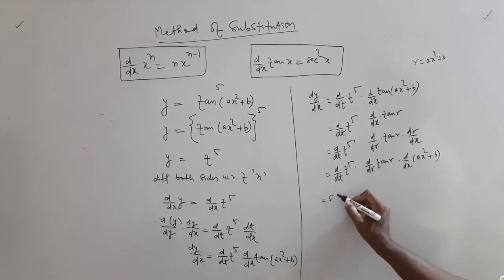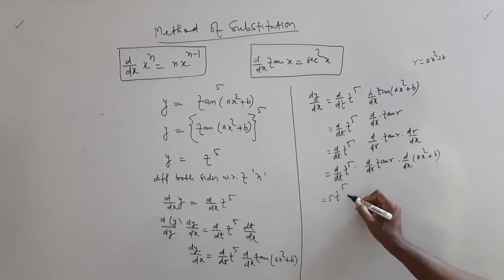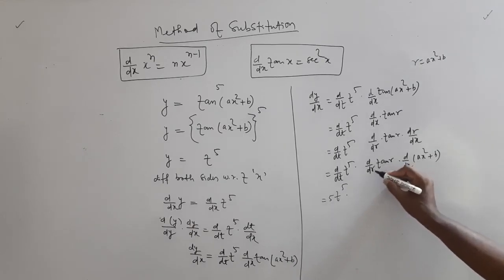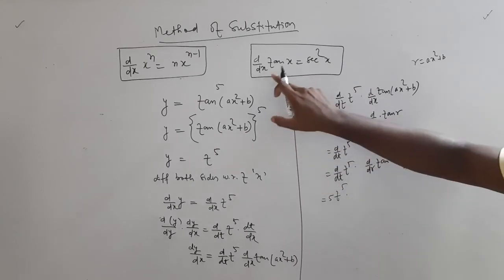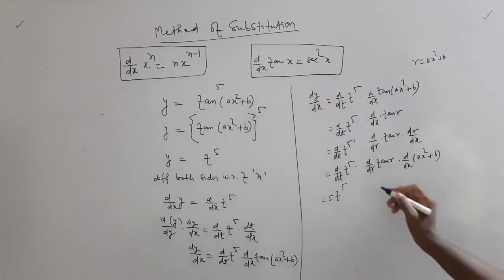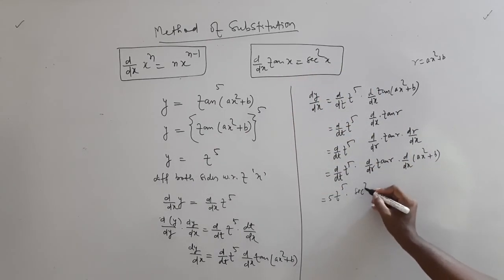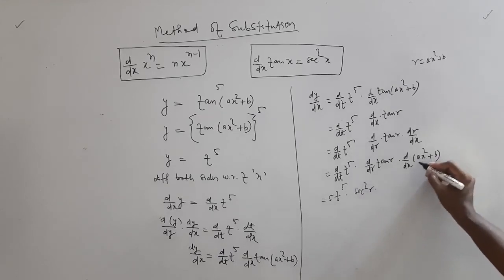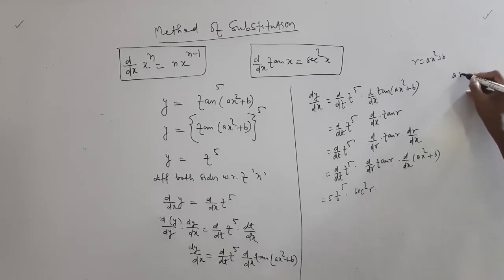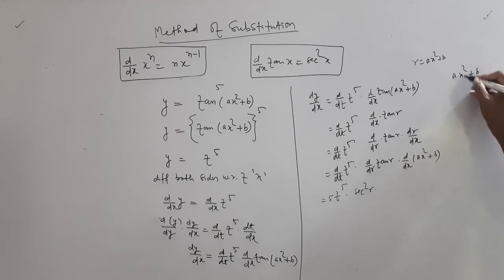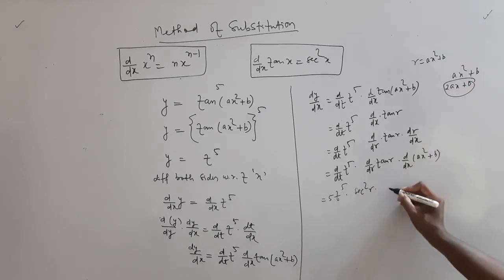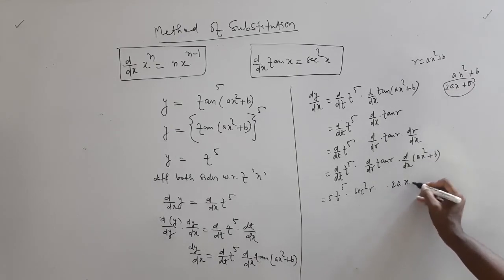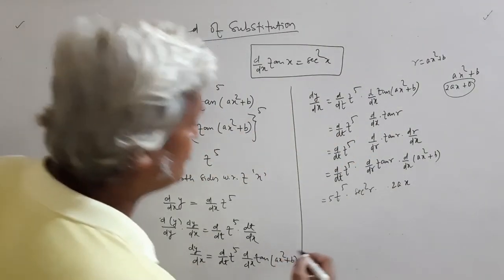So we can write this as 5 t to the power 4. d by dr of tan r, since d by dx of tan x is sec square x, so d by dr of tan r is sec square r. Now this is the sum of two functions, ax square plus b. Differentiation of x square is 2x, where a is constant, so this is 2ax, and b is constant, so its derivative is zero. So this is 2ax. Now I write it nicely at one place.